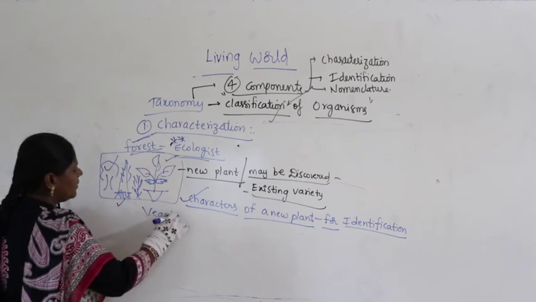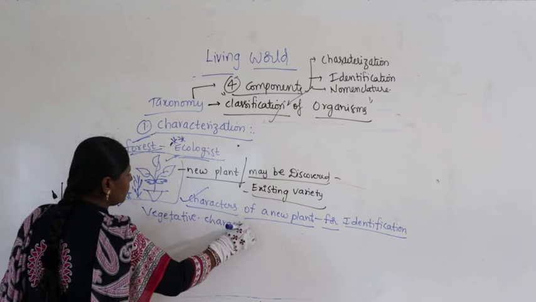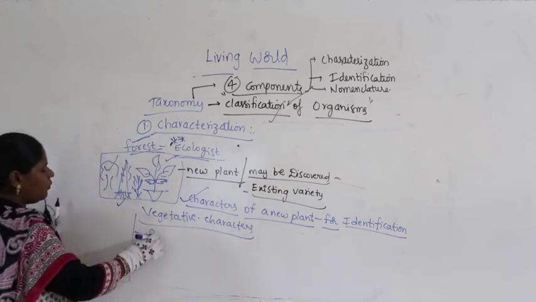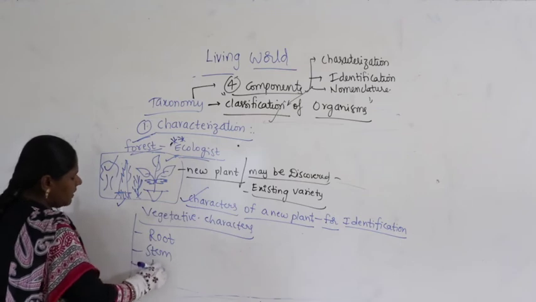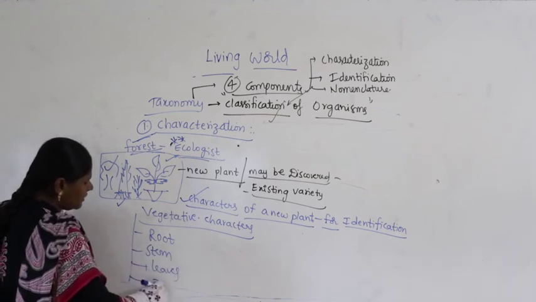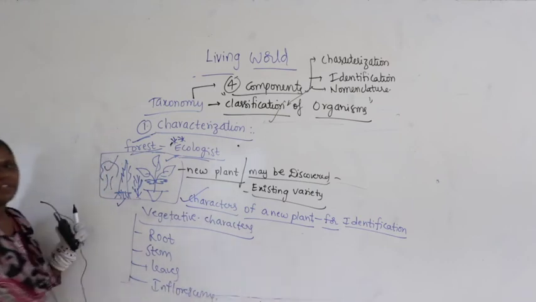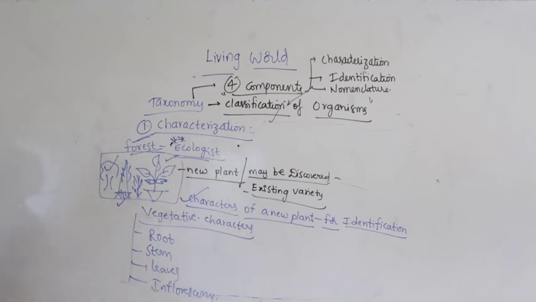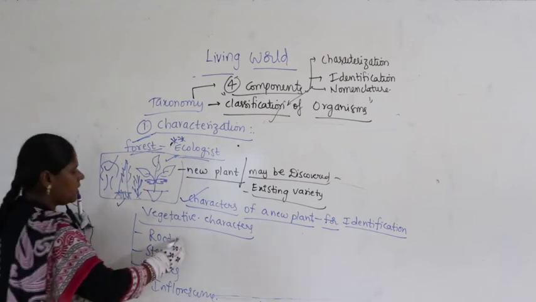Let us take the vegetative characters. When you take the vegetative characters, what all will come? What type of root is existing? What type of stem is there? How are the leaves arranged? How is the inflorescence? All this will come under vegetative characters. Then he will take the plant into his hand and see what type of root system is there.